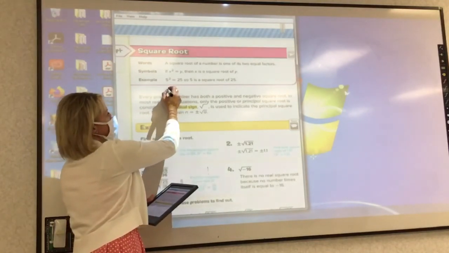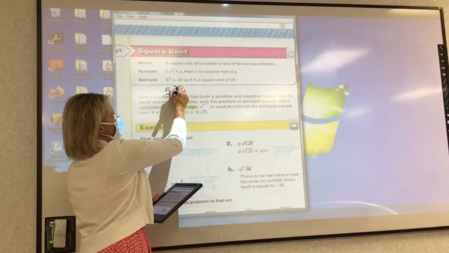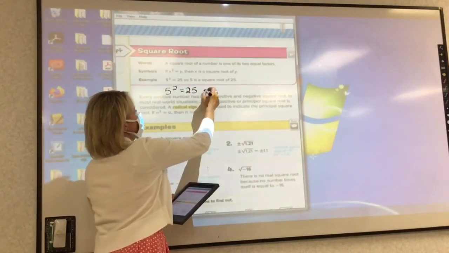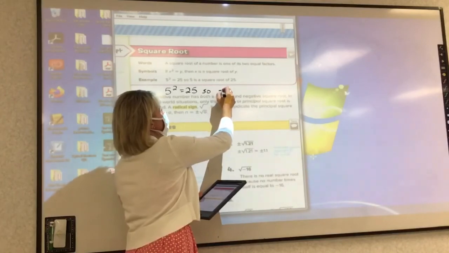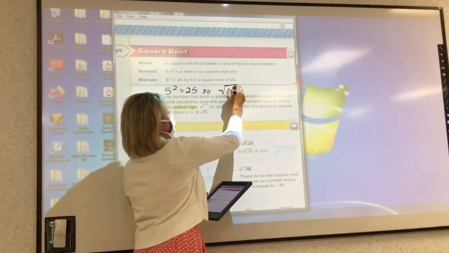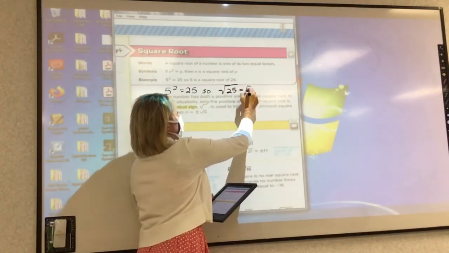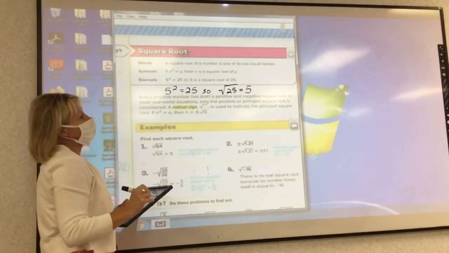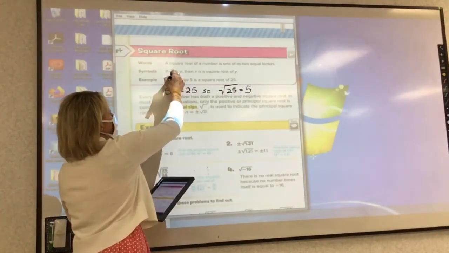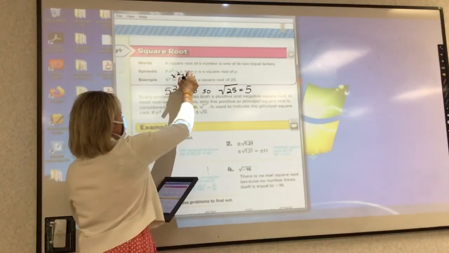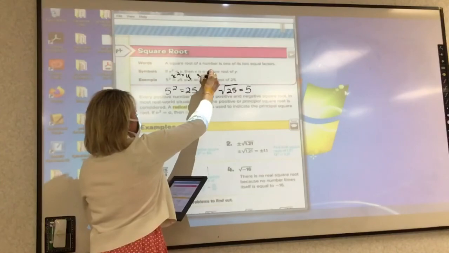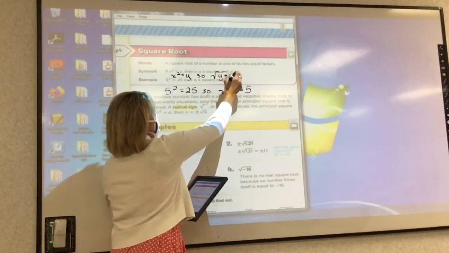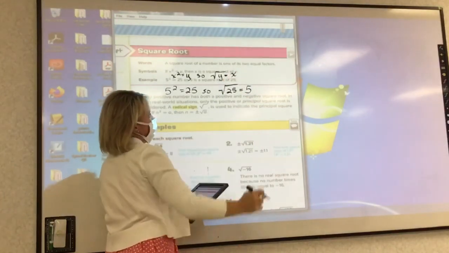So I'm going to rewrite this again, and you are going to do the same thing. 5 squared equals 25, so the square root of 25 is 5. And you'll write that with the variables. X squared equals y, so the square root of y equals x.